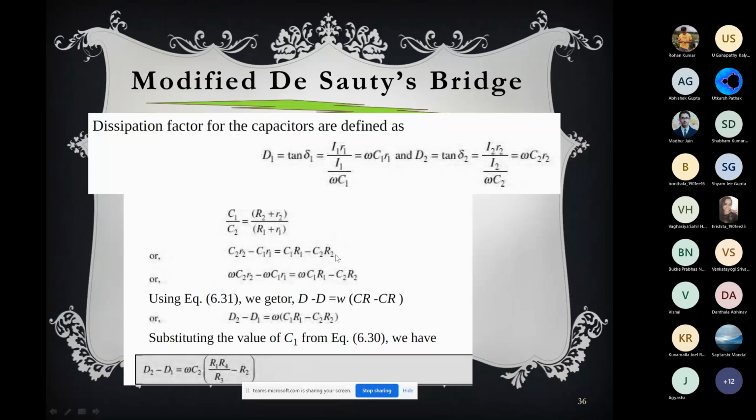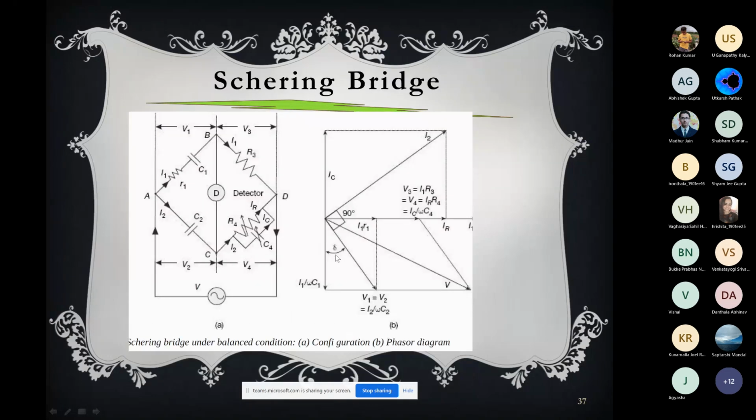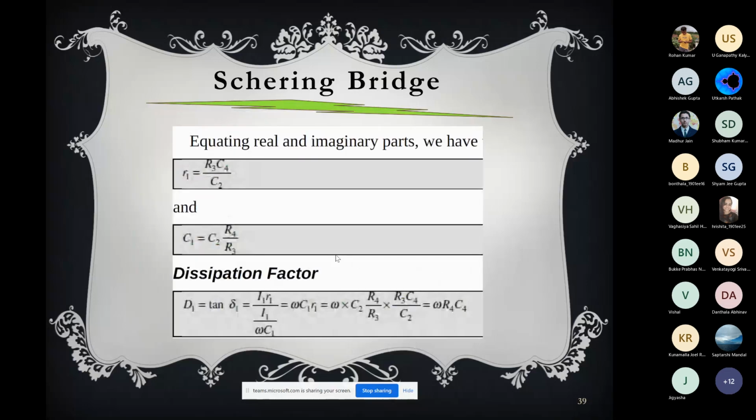And here in the Schering bridge, we consider there is no small r2, so only capital C2 is there. So it is very simple to calculate the C1 and small r1 associated resistance by means of these two bridges. The dissipation factor can also be calculated in terms of other parameters like R4, C4, and omega.